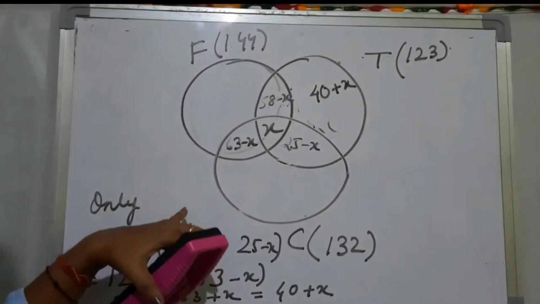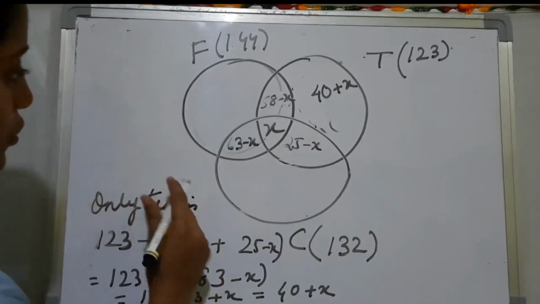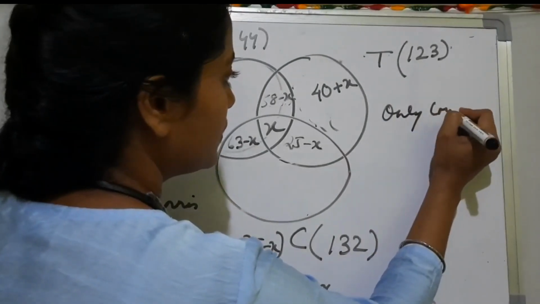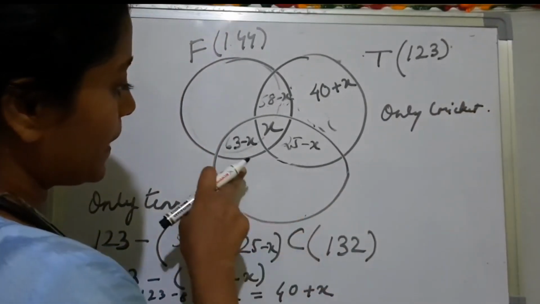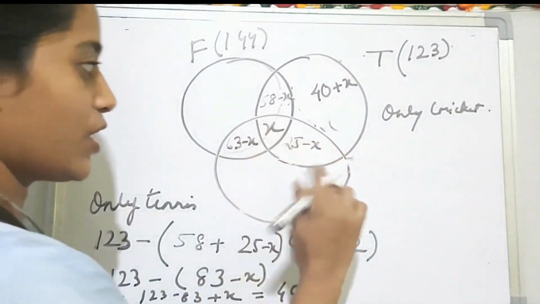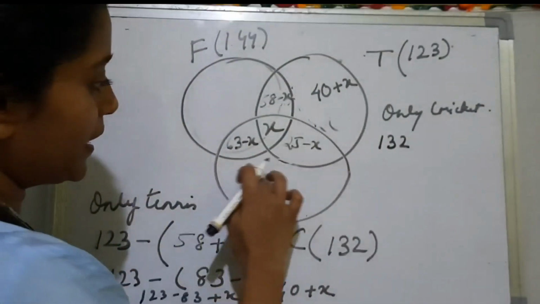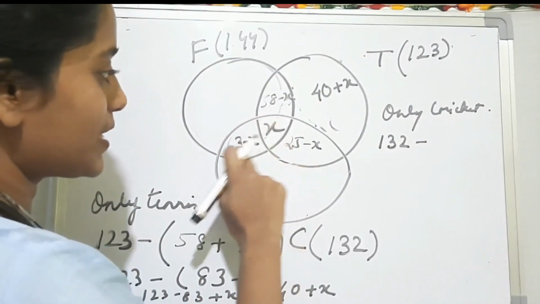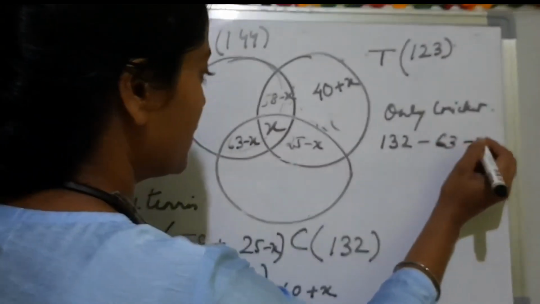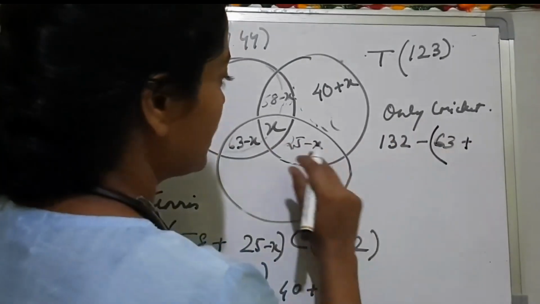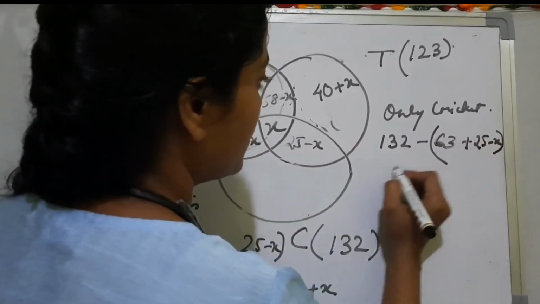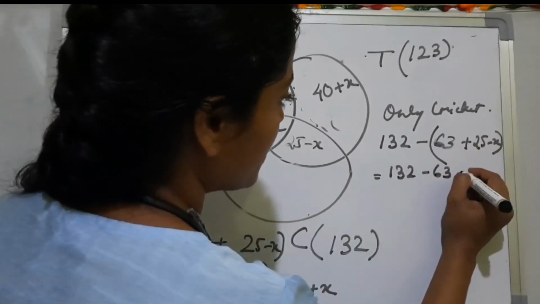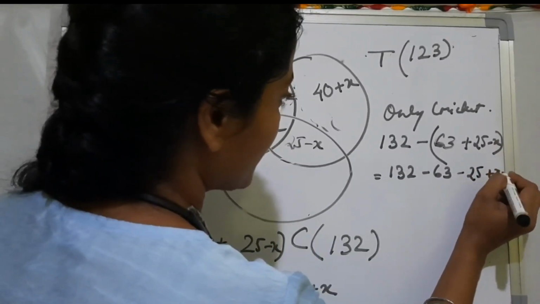Now finally we have to find the players who play only cricket. The players who play cricket is 132. So to find only cricket, we subtract this whole 63 and this 25 minus x. So we will get 132 minus 63 minus 25 plus x.